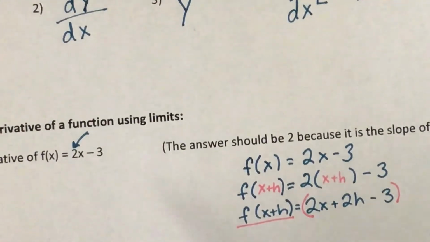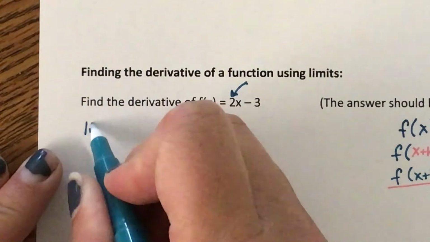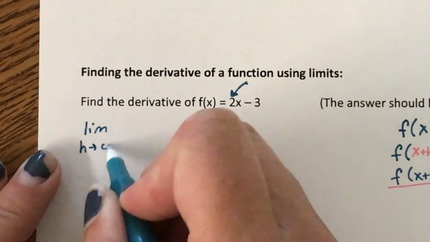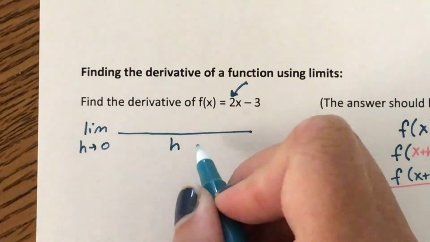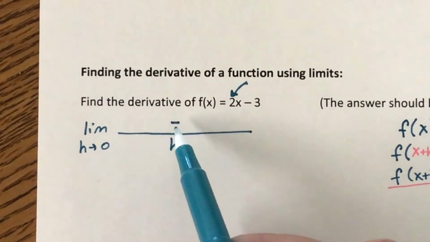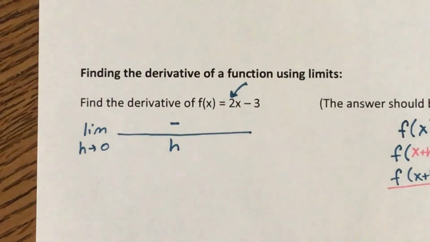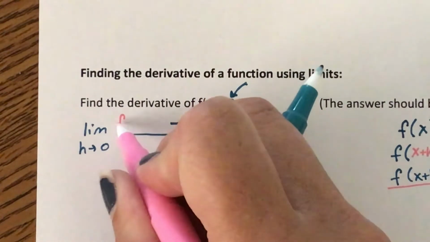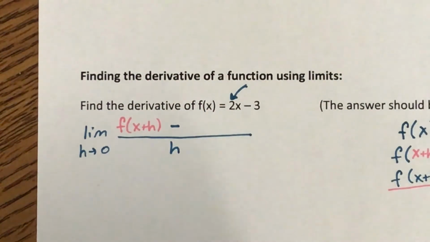I'm just going to copy down that limit definition from up above. It was the limit as h approaches 0 of, there was an h on the bottom, there's a minus on the top because we are finding the distance between two y values. So we had an f of x plus h, and then we have minus, and then let's do green for f of x.